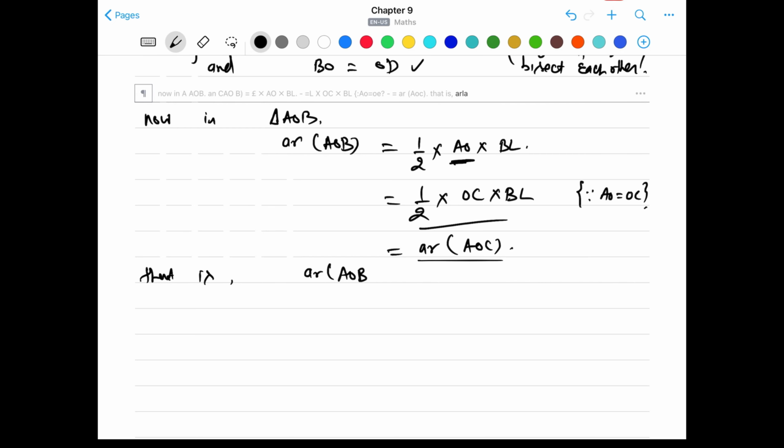Now we would prove that these two triangles are also equal, then that these two are equal, and eventually the last and the first triangles are also equal in area.